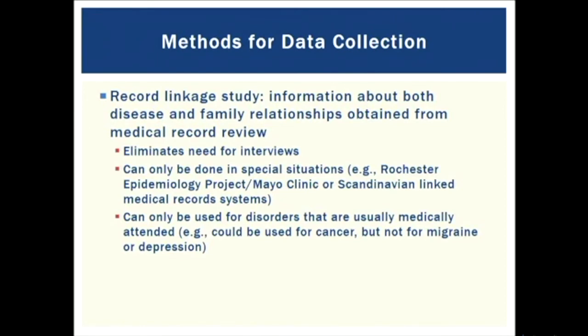But there are limitations here because it can only be done where you have access to a linked medical record system that allows you to reconstruct the families from the data. As examples, the only one I know of in the US is the Rochester Epidemiology Project at the Mayo Clinic. And there are a lot of possibilities with the Scandinavian linked medical records.